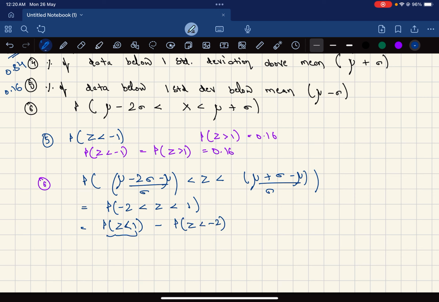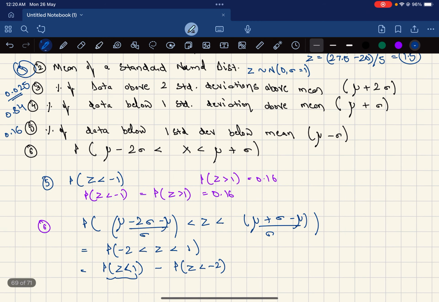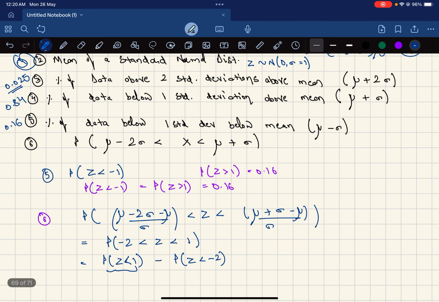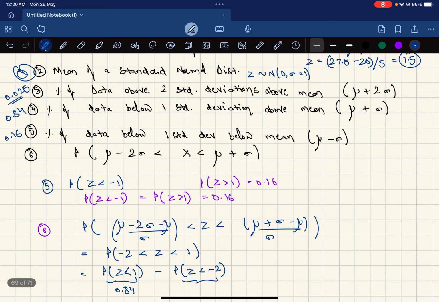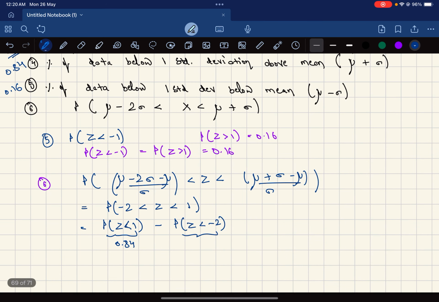This we calculated in question 4. It was equal to 0.84, and this also we looked at in question 3. In question 3 we had P(Z > 2) as 0.025.